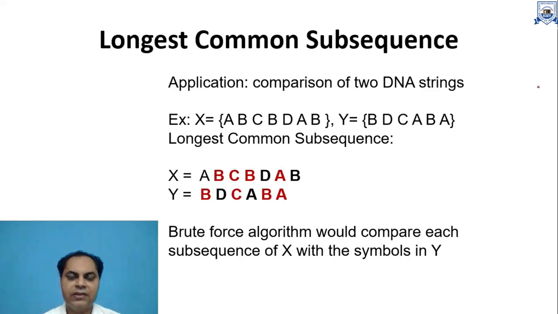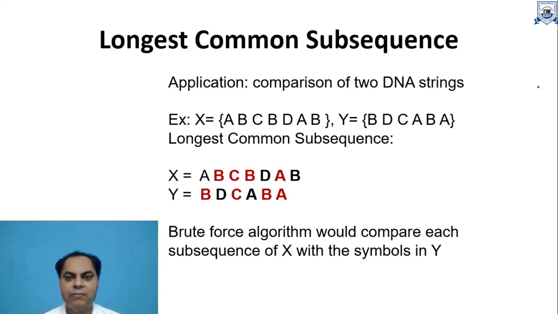The real-time example of this longest common subsequence is comparison of two DNA strings. Although we already know that the DNA of two human beings are different, that means every human being has a unique DNA string.